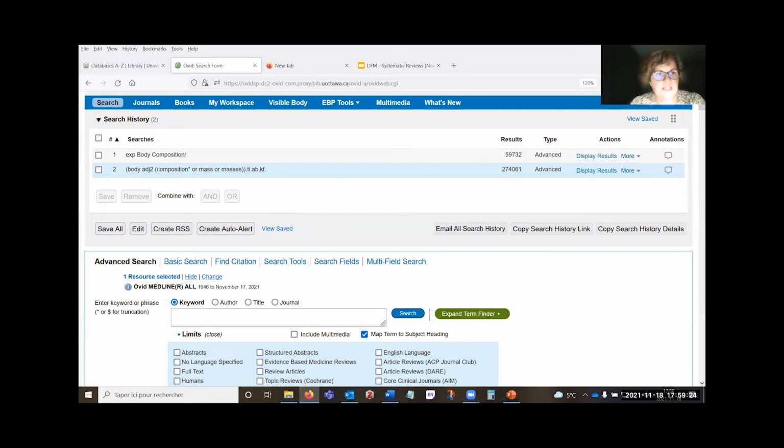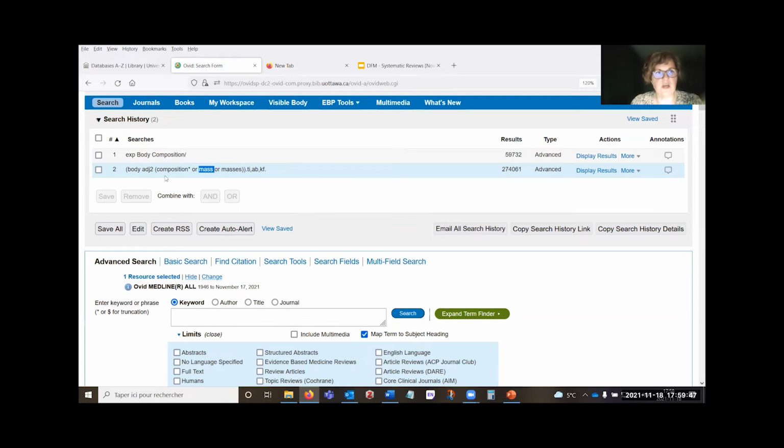The other thing that I did is having a few synonyms. Body mass is something that sometimes is mentioned. So I decided to use it as it's not really a synonym of composition, but it's another word. Since I'm using the word body here, I'll put it here, but I could have done it on many lines.